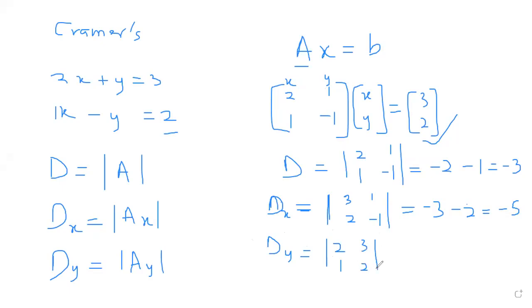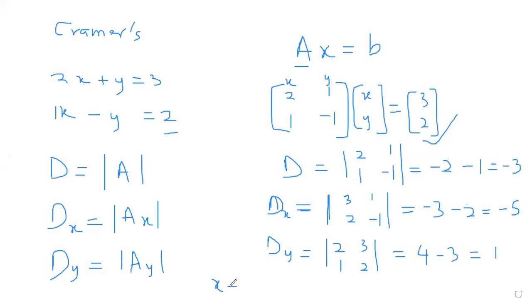So let's find the determinant. That should give us what? 2 times 2, which is 4. Okay, then minus 1 times 3, which is 3. So we are going to get 1. Okay. Then once we are done, we can find our x.